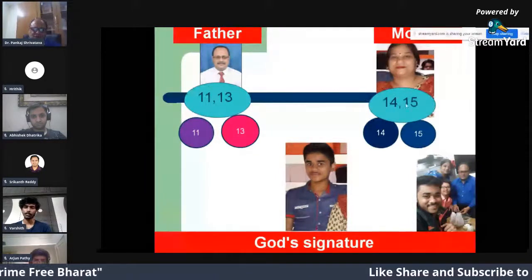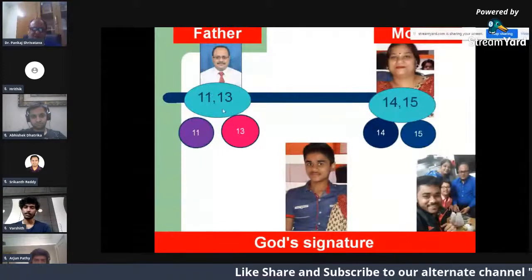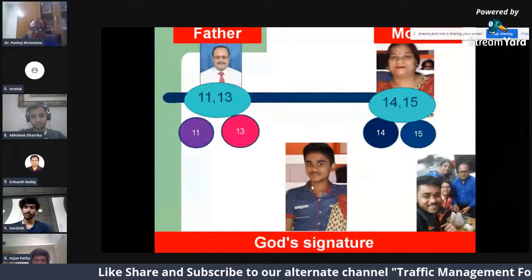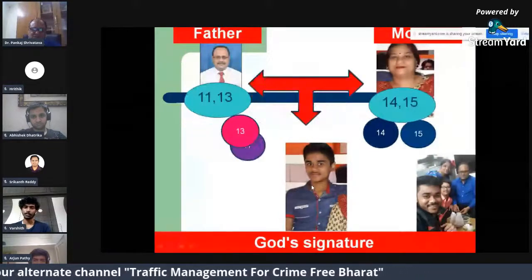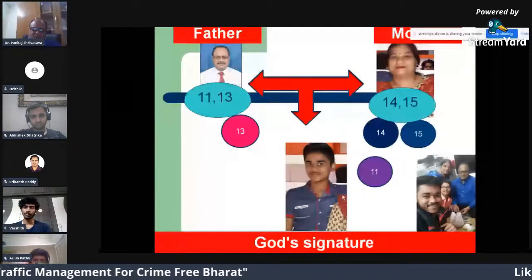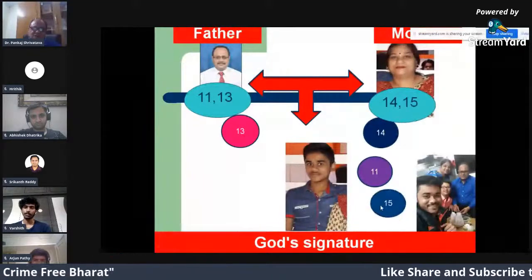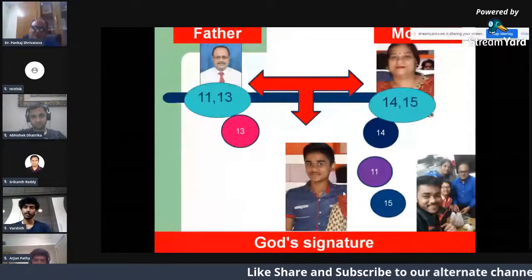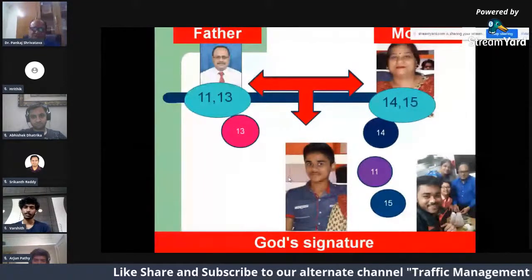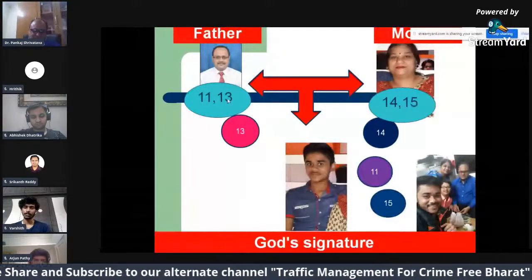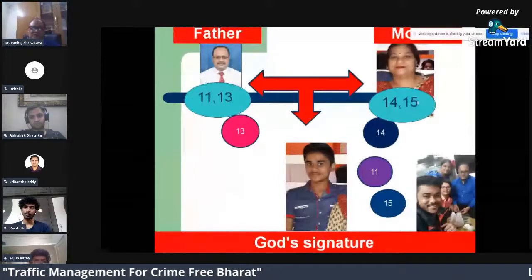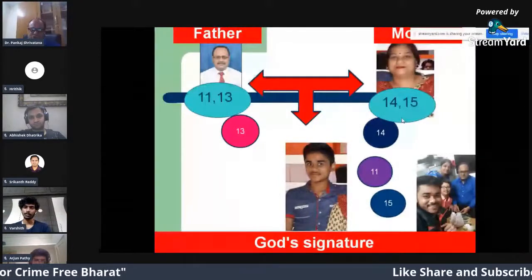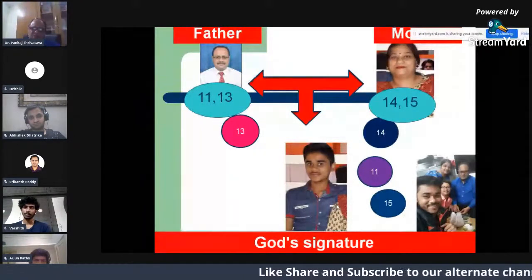Okay, so out of these two numbers, only one will come for this child. So if you see in this case, this 11 has come, and from mother 15 has come. Now if you talk about another child, there may be a situation where from father 13 will come, and from mother either 14 will come or 15 will come. Okay, so it's by chance, nobody can control this. Okay, so this is God's signature.